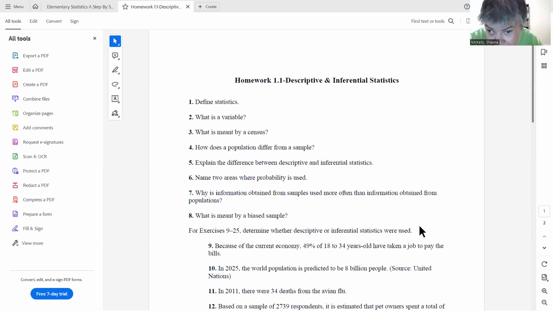How does a population differ from a sample? Number 4. Well, a population generally is larger, first of all, but a population is everybody or every object, because you can study objects or animals as well as people.